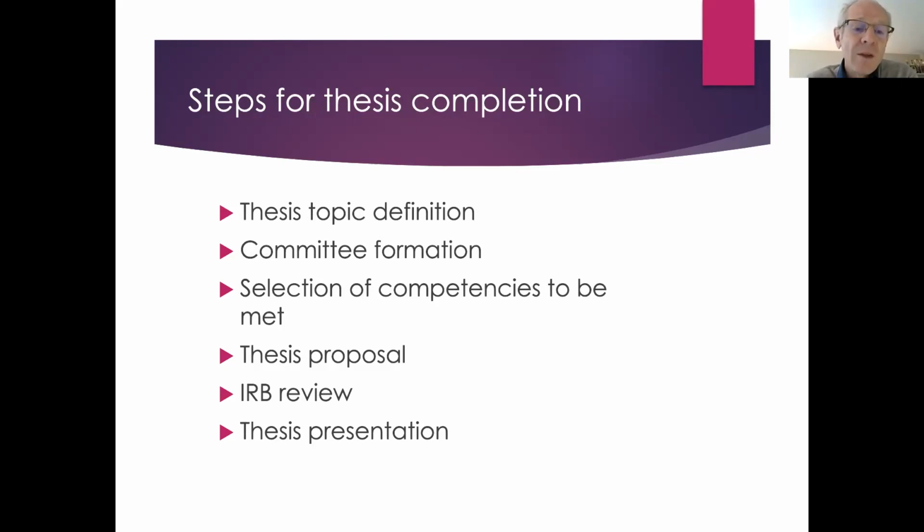You have to write a thesis proposal, which is a short document describing the methods, the objectives, and the scope of the thesis. Get an IRB review if required. And finally, move on to the thesis presentation and the grading of the final thesis document. So let's go over each one of these steps briefly. If we can see the next one, please.